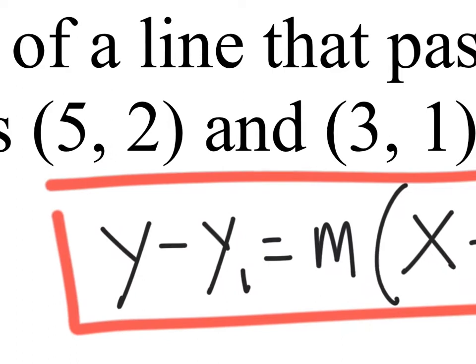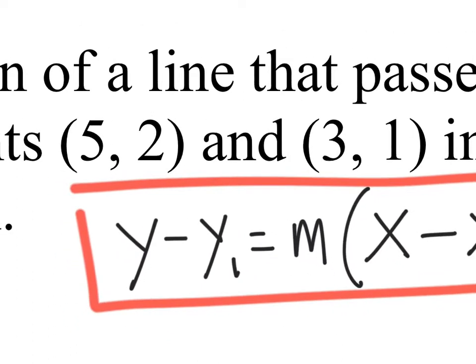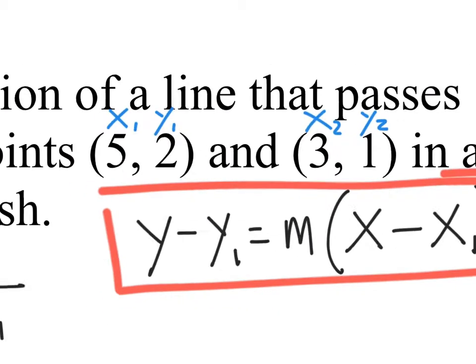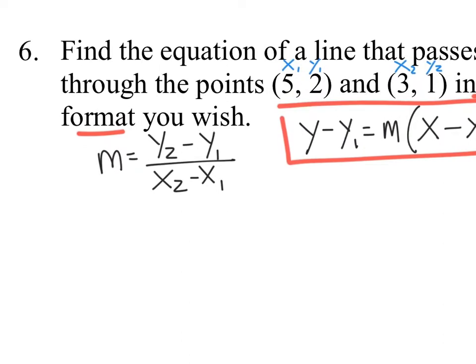This is the equation that we're going to use to figure out what slope is. I don't know about you guys, but when I approach these sorts of problems, the very first thing I like to do is label this. So I'm going to label it like x1, y1, and then x2, y2. Beautiful. So now I'm going to plug that into this equation.